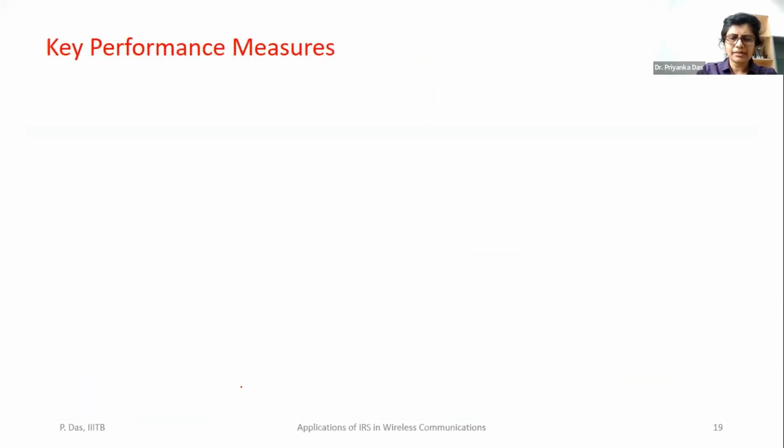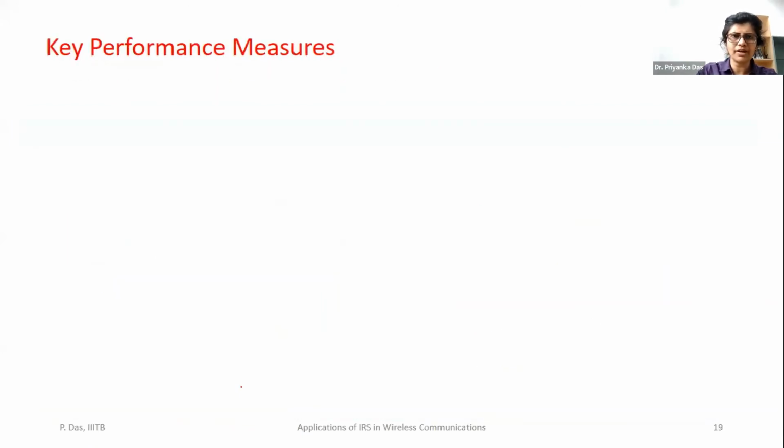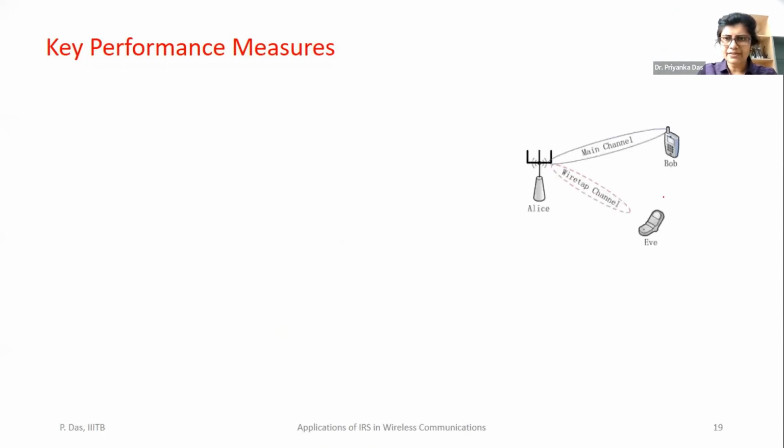Now, if I want to tell you the FISEC based performance, I need to know how people evaluate performance to capture physical layer security. So here we go. There is an Alice, a Bob, and an Eve. We have a main channel and a wiretap channel. People use wiretap to mean the Alice to eavesdropper channel.